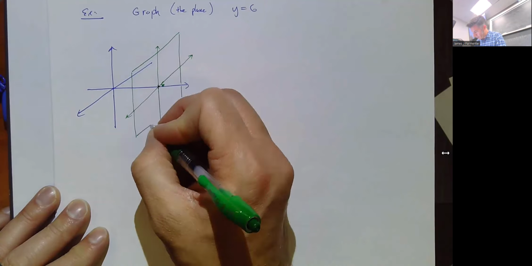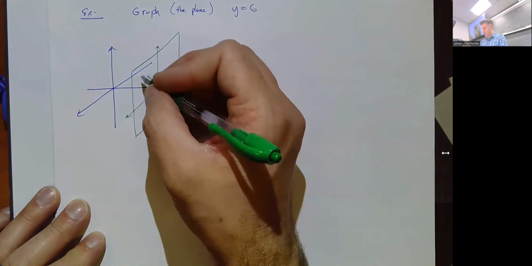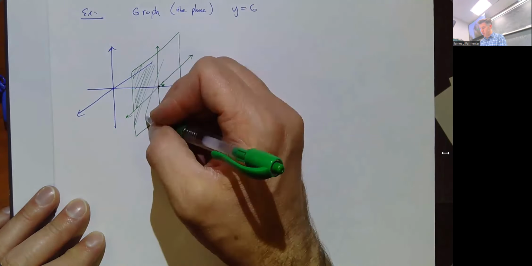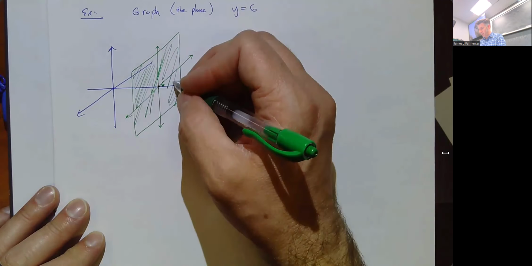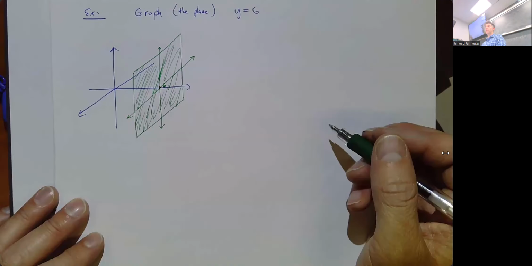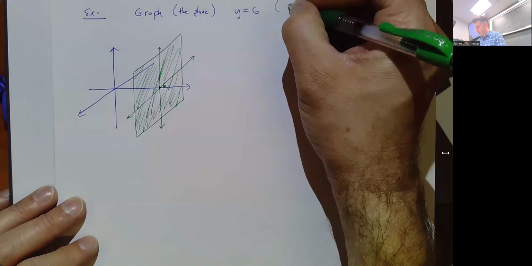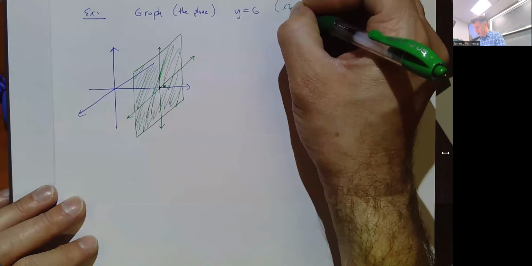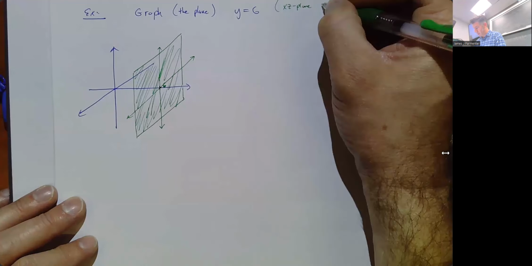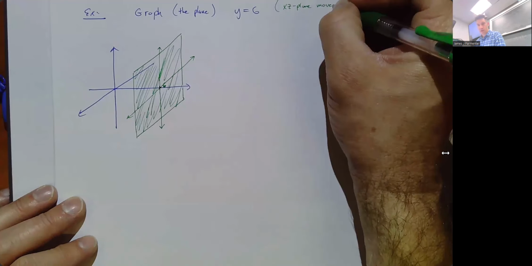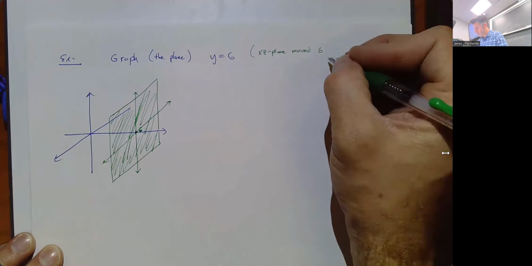I'm trying to draw nicely here. There's a plane that is just moved 6 to the right from the xz plane. So y equals 6 is just the xz plane, but it's moved 6 to the right. Oh, sorry, can you see that? Not quite.